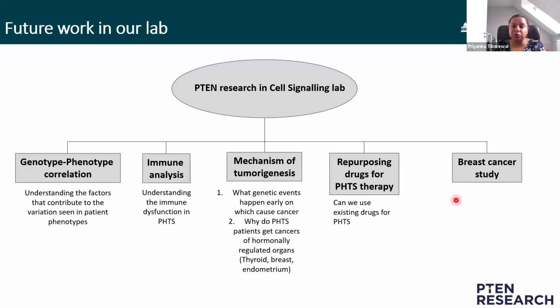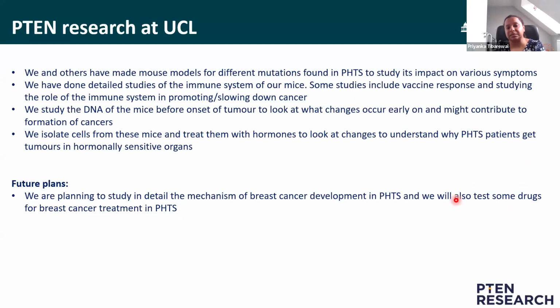Because 85% of female PHTS patients have an increased risk of breast cancer, it is one of the biggest concerns for these patients, and we would really like to understand the mechanism of breast cancer development in PHTS. So we will try to understand what happens that leads to breast cancer, and then we'll also test some of these medications or drugs for breast cancer treatment in PHTS.